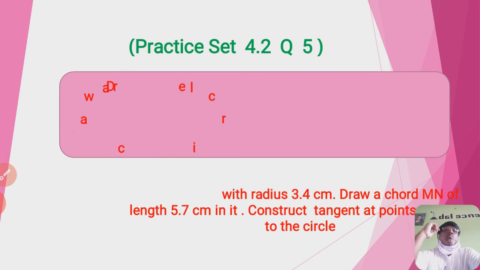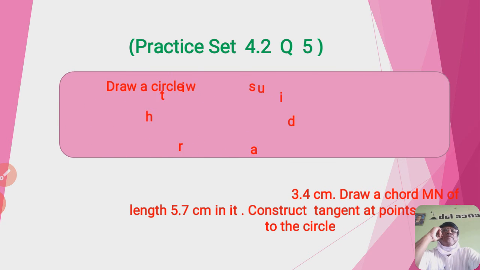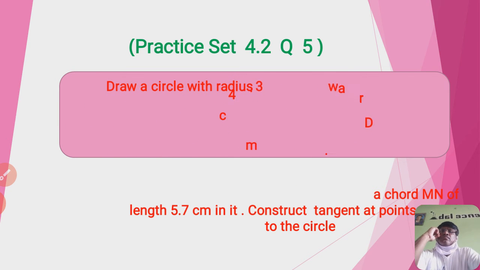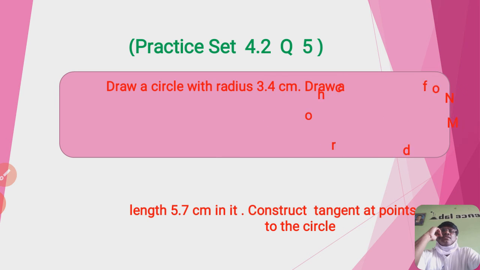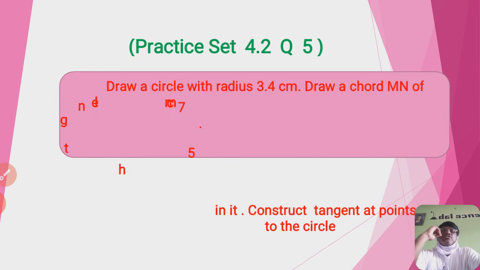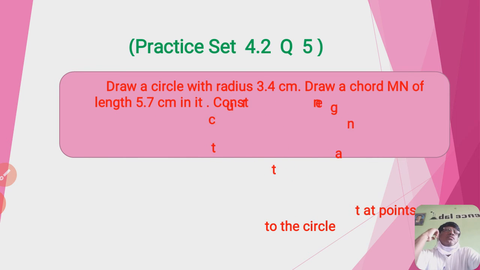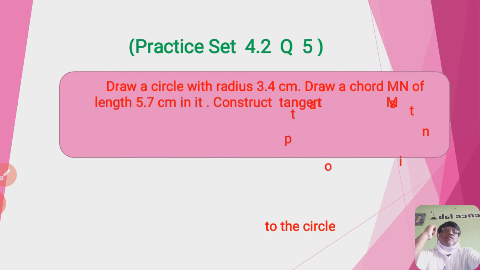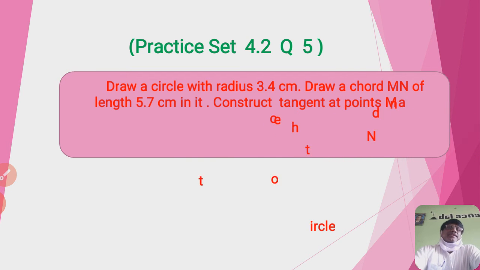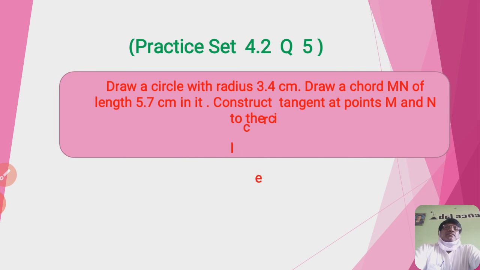Practice set 4.2, question number 5. Draw a circle with radius 3.4 centimeter. Draw a chord MN of length 5.7 centimeter in it. Construct tangents at points M and N to the circle.